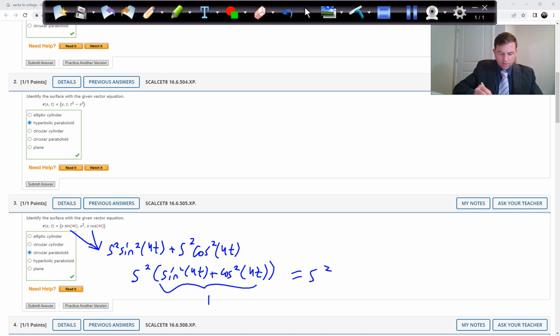And so in one of these planes, that's x and z. So if we have x, y, and z, in the xz plane, it's going to be hard to draw. Let me actually extend this. So in this xz plane, it is a circle of radius s.